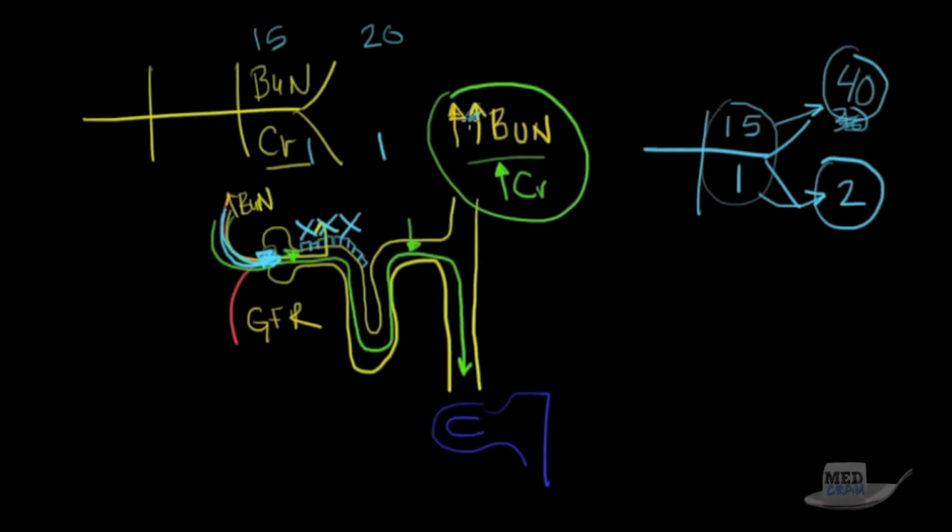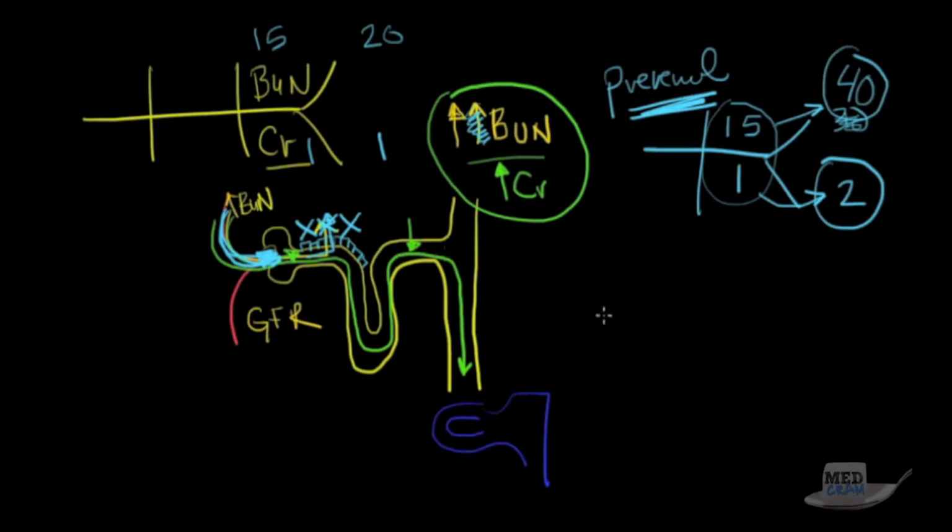But it would only go up for one reason, and that's because the GFR is low. You would not get reabsorption of this BUN. And so the earlier case would be more of a pre-renal. What I mean by that is there is a reduction in the flow coming here, and because of that the BUN is increasing because of the low flow, and also the BUN is being reabsorbed because these cells are working. So that would be a pre-renal situation.